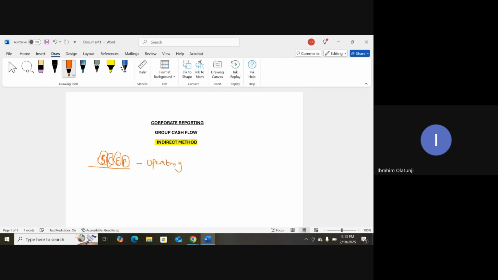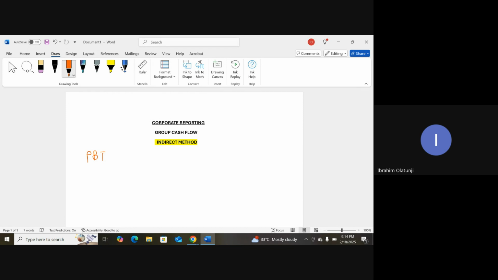But this time around, I want to focus on indirect. And under this indirect method, you don't need all these four acronyms that I put down. What you need under the indirect approach is the profit before tax.